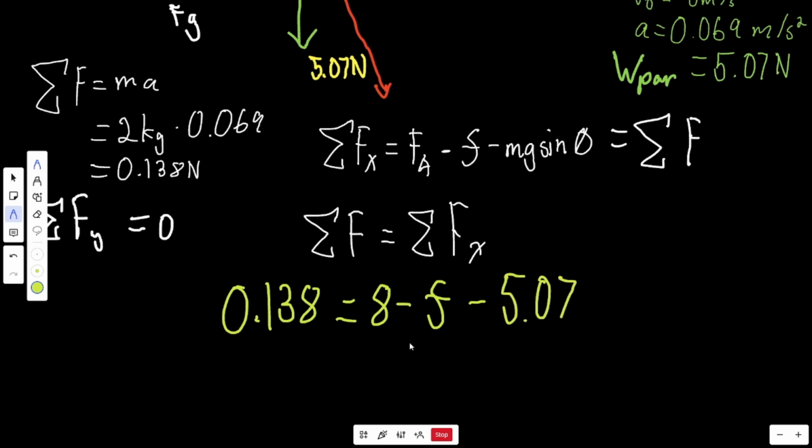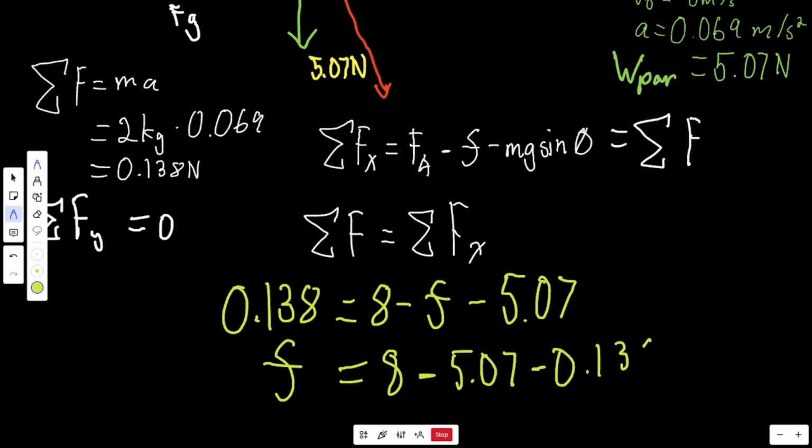Now, isolating friction, since friction on this side is negative, we can move it to the left. So friction is equal to, moving 0.138 to the right, 8 minus 5.07 minus 0.138.